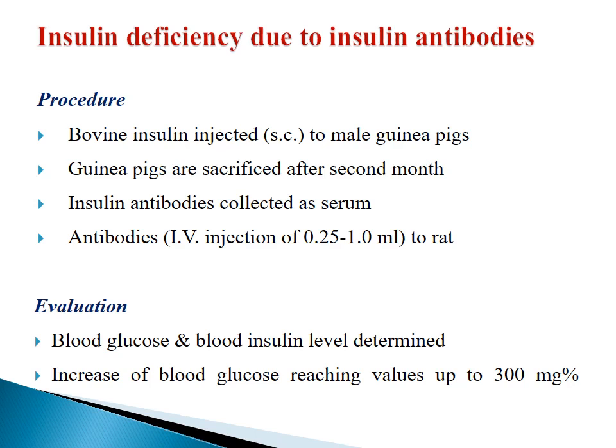Insulin antibodies are then collected as serum, and IV injection of these insulin antibodies is given to rats in the dose of 0.25 to 1 ml. Evaluation parameters include measurement of blood glucose and blood insulin level. The animals are considered as diabetic, showing fasting blood glucose level as high as 300 mg%.